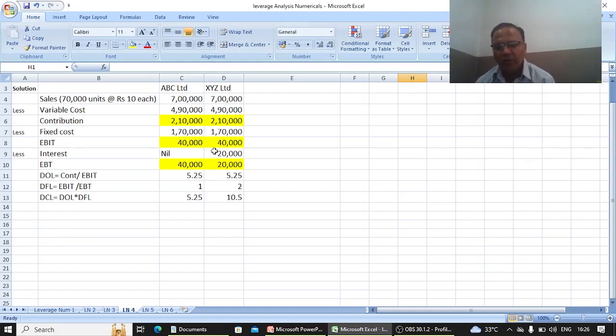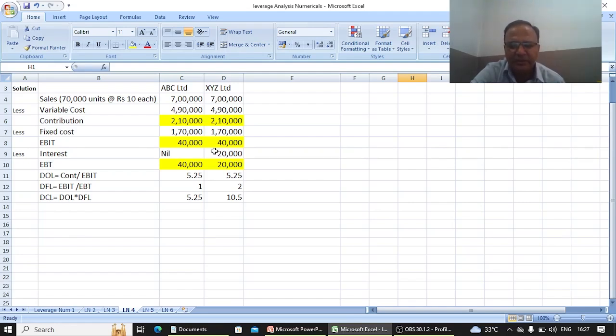And what is the meaning of 2 and what is the meaning of 10.5 and 5.25? Degree of combined leverage for ABC Limited is 5.25 and degree of combined leverage is 10.5 for XYZ Limited.